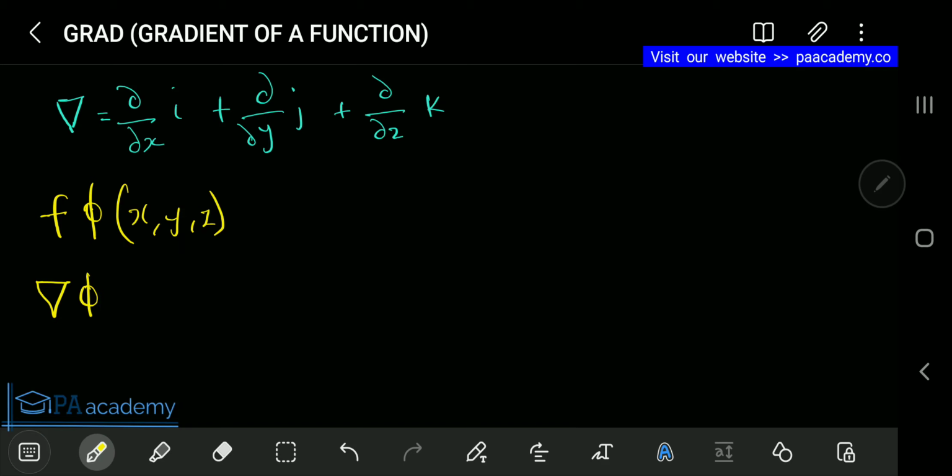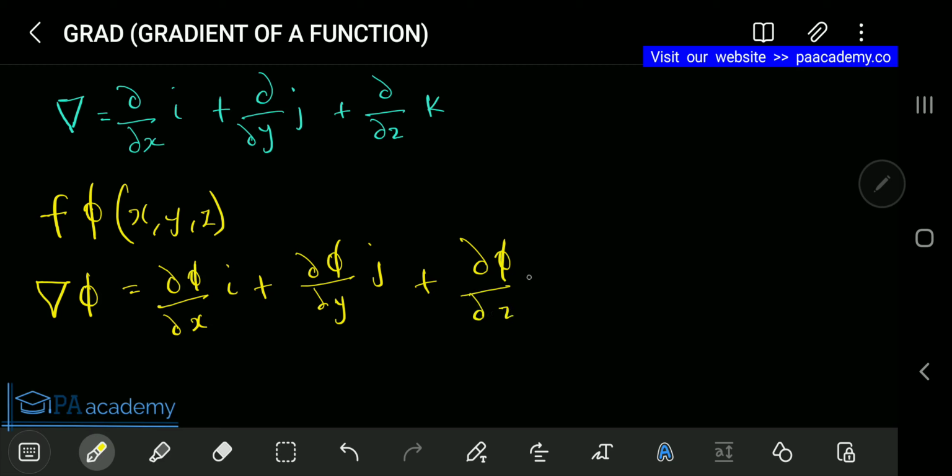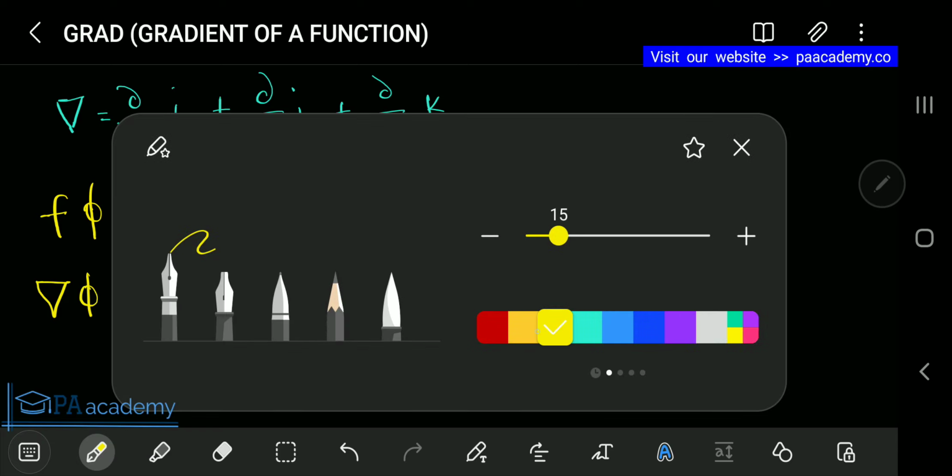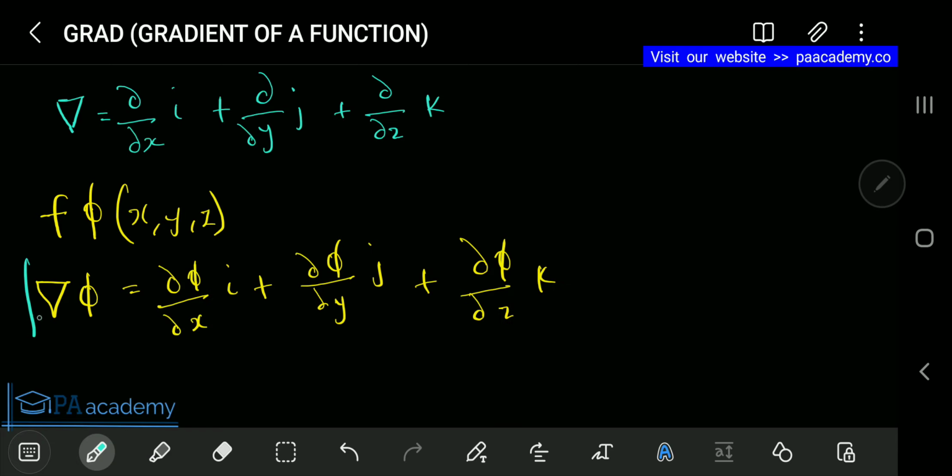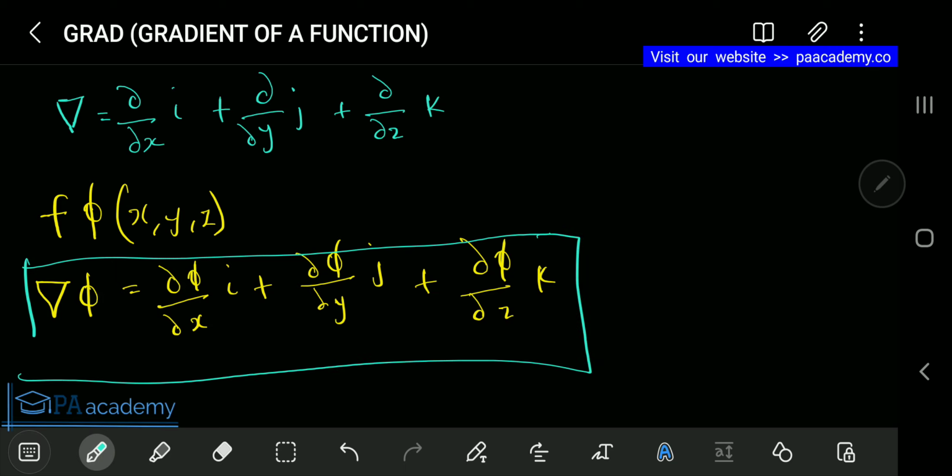We are going to be having the partial differential with respect to x towards i, plus the partial differential with respect to y towards j, plus partial differential with respect to z towards the k coordinate. This is the formula that you are going to use. Once we look at an example, you are going to understand it better.